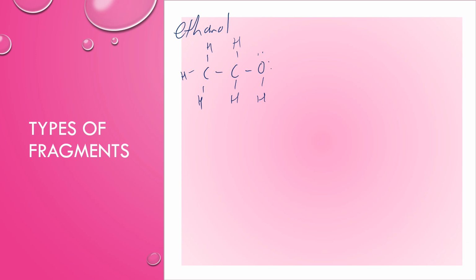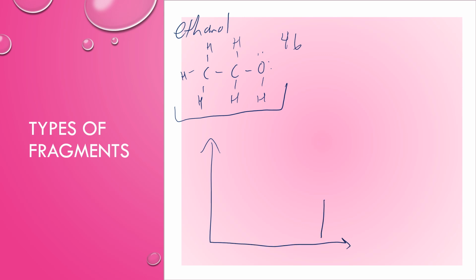Okay, so if you were to add up the mass of this whole entire thing, the 2 carbons, 1 oxygen, and 6 hydrogens, its mass is 46. So in your mass spectrum, you're going to see a peak at 46, and that corresponds to the C2H6O positive molecular ion. So you just take the whole molecule and change it into a positive ion.